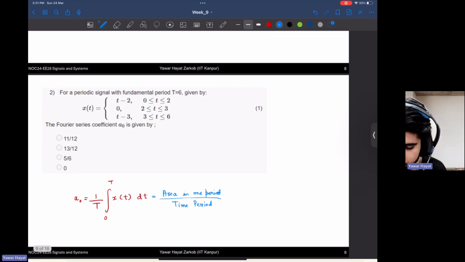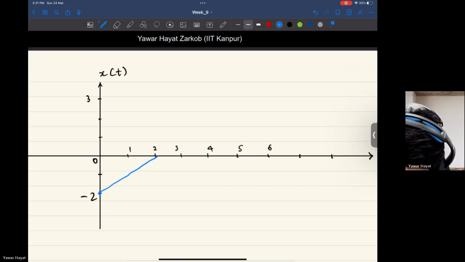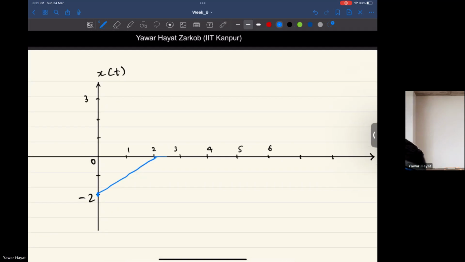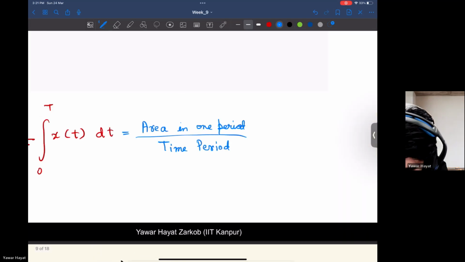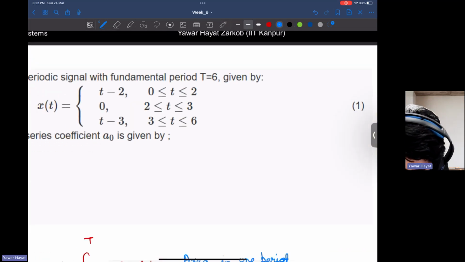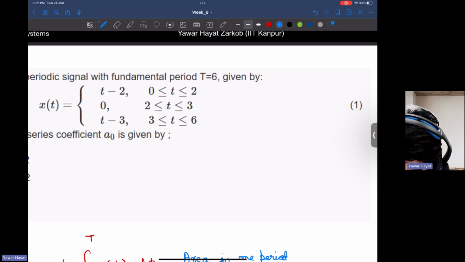Now what about this interval, 2 to 3? From 2 to 3, it is 0. And from 3 onwards till 6, the definition is t minus 3. When t is equal to 3, x of t is 0, and when t is 6, this would be 3.